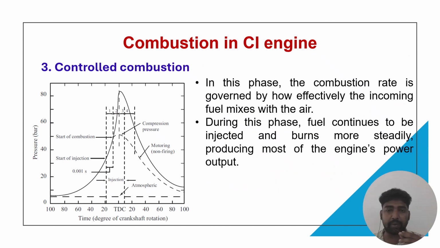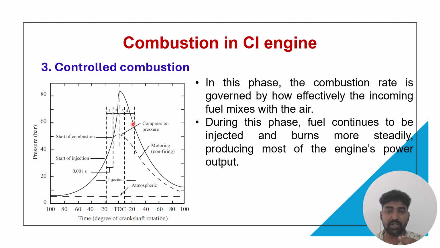After the rapid pre-mixed combustion phase, the process enters the controlled combustion phase, also known as diffused combustion. Unlike pre-mixed combustion, the burning rate during this phase is not limited by chemical kinetics but by the rate of fuel-air mixing.